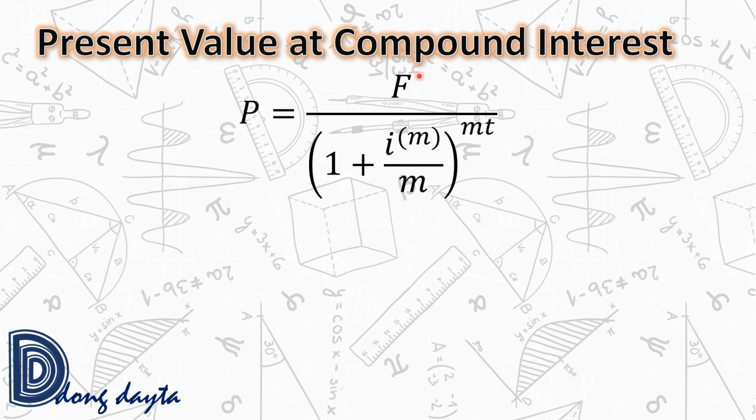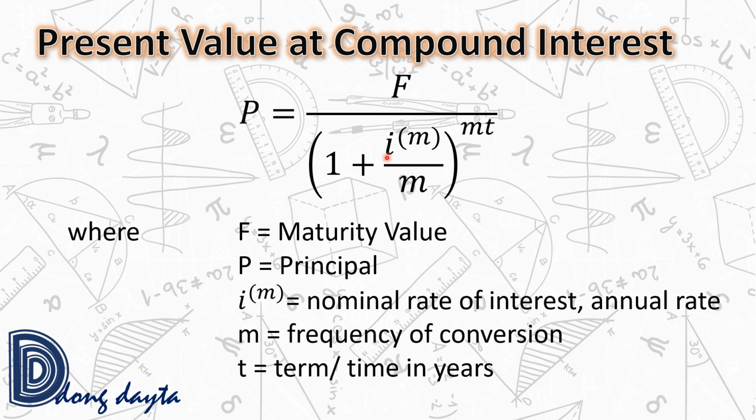The description for each variable in this formula will be the same as that of the formula for future value. Let us recall. F is maturity value, P is principal, i superscript m is the nominal rate of interest or the annual rate, m is the frequency of conversion, and t is the term or the time in years.